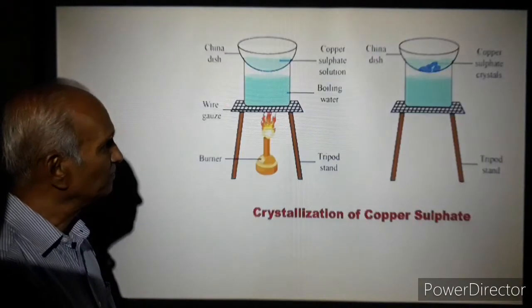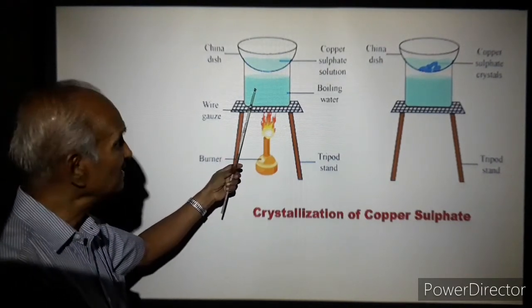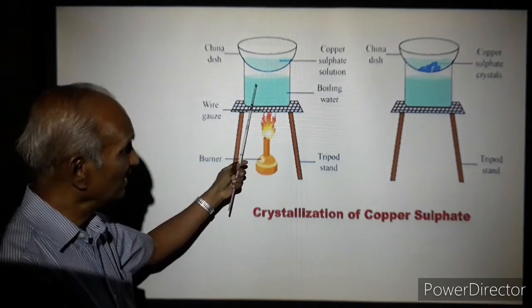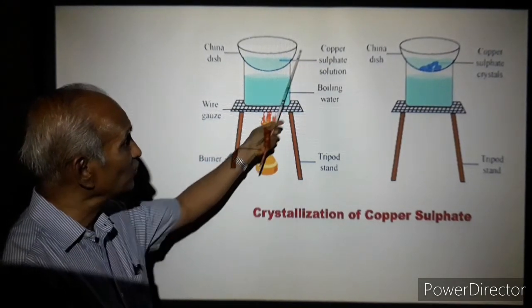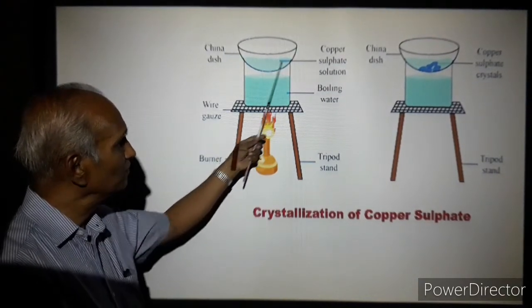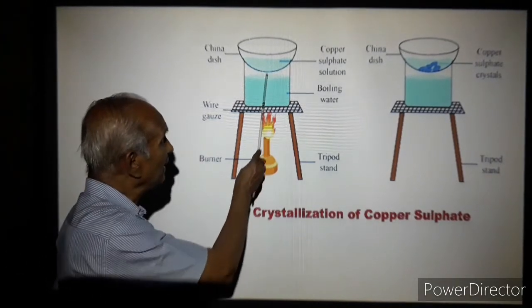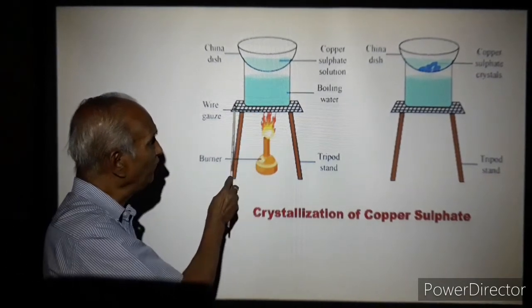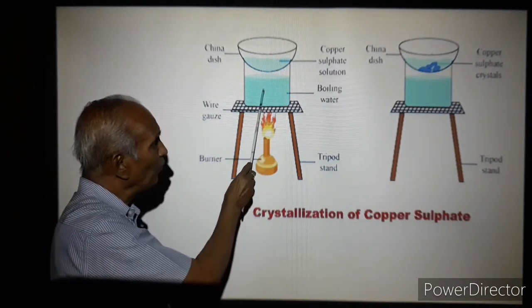Next. See here. You have a glass full of water. Here you have copper sulfate solution in a bowl. In order to see that the temperature rise is uniform, we have used the vessel with boiling water here.